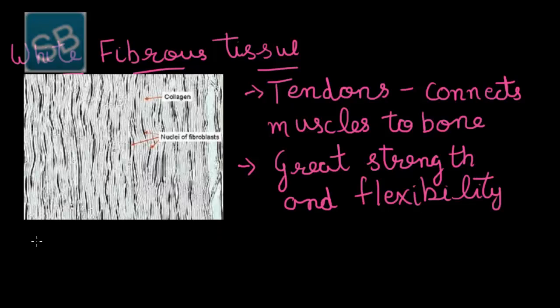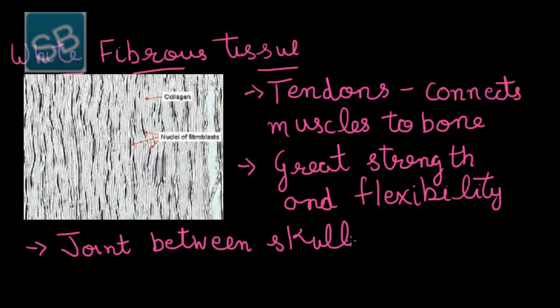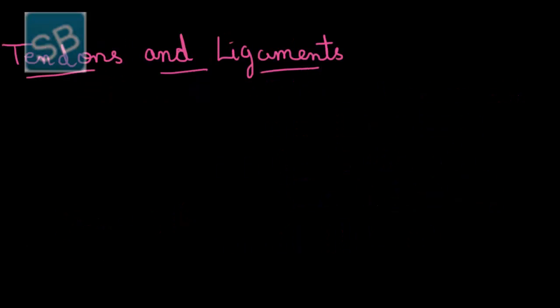Apart from that, this type of tissue is also seen at the joint between skull bones, which help them to be immovable. Now we will study about another type of proper connective tissue, that is tendons and ligaments.